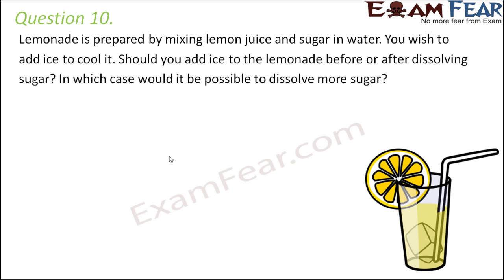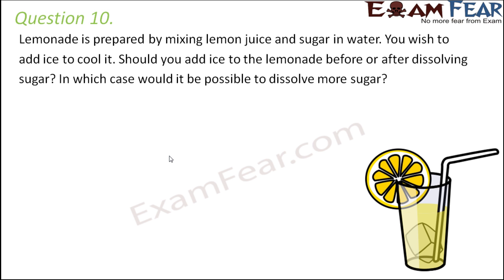First of all, on what factors does it depend how much sugar will be able to dissolve in the water? We have spoken about saturated solution, right? Water has some limit up to which it can dissolve sugar. However, we can change that limit by changing the temperature of the water. If we increase the temperature of water, then the saturation point also increases.